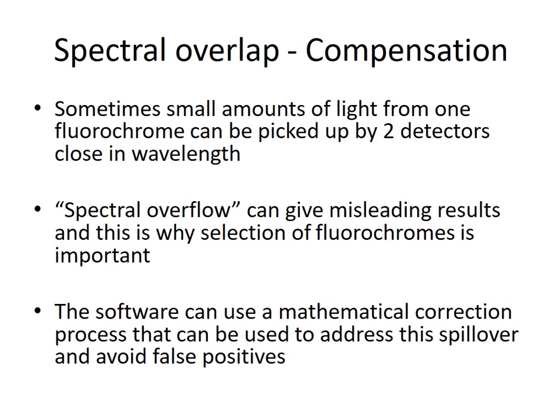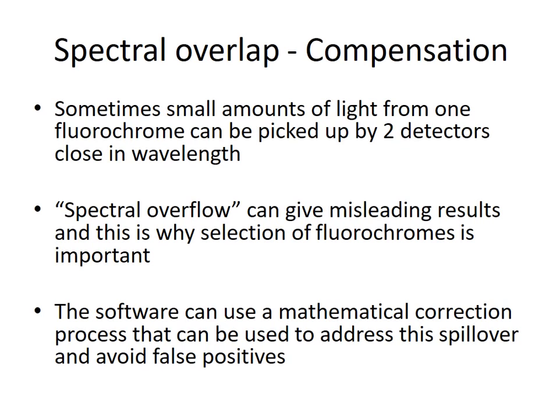So you'll be asked a question on spectral overlap. Okay? Spectral overlap and compensation. So spectral overlap is when small amounts of light from one fluorochrome are picked up by two detectors close in wavelength. So basically, one fluorochrome is detected by the wrong detector, giving a false positive.